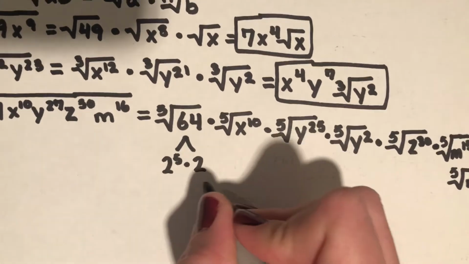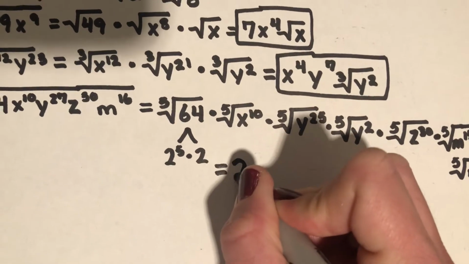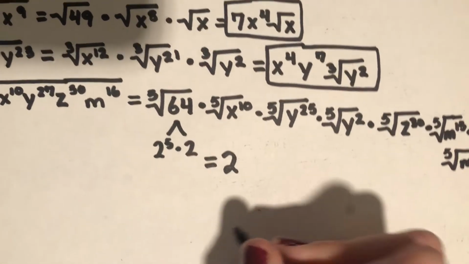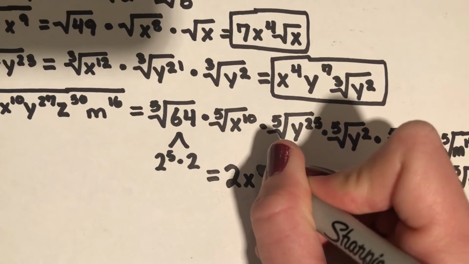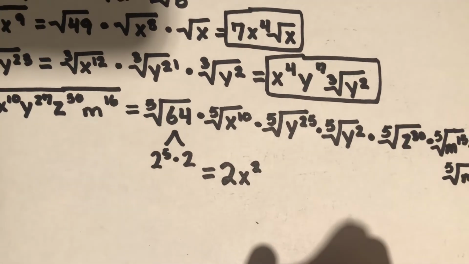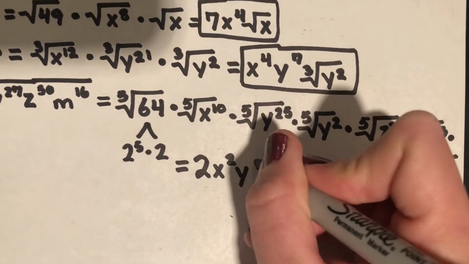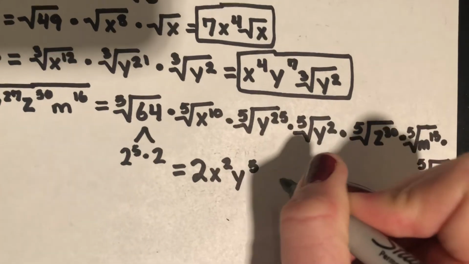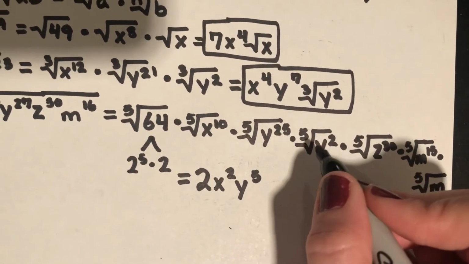So we're going to have out on the side here just 2. All right. Well, to simplify this one, we have x squared. Simplify our next one. 25 divided by 5 is y to the 5th. All right. We're going to leave this. We're going to put this kind of at the end here.